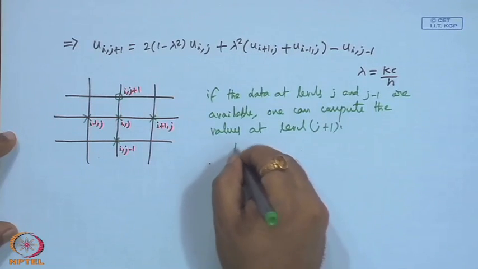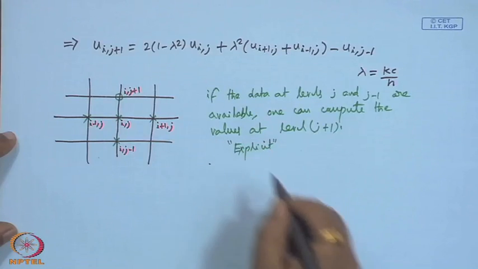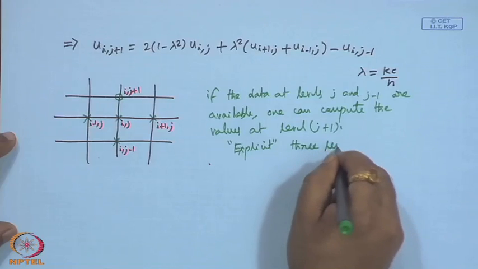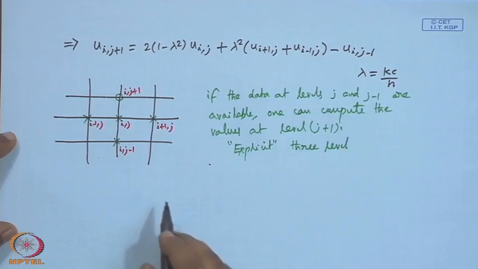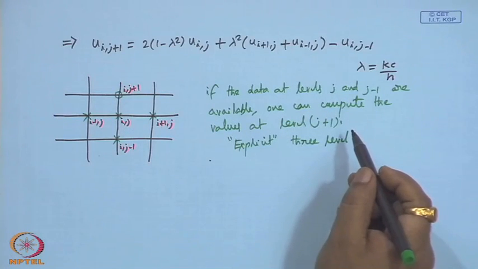So, this is explicit in this sense, however, 3 levels are involved.